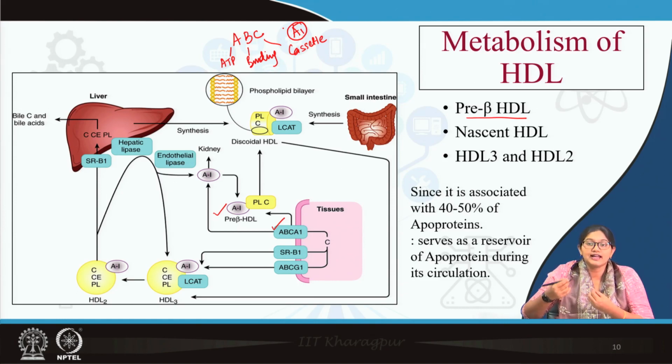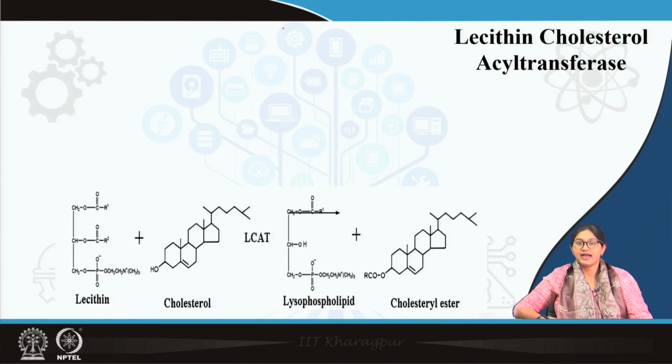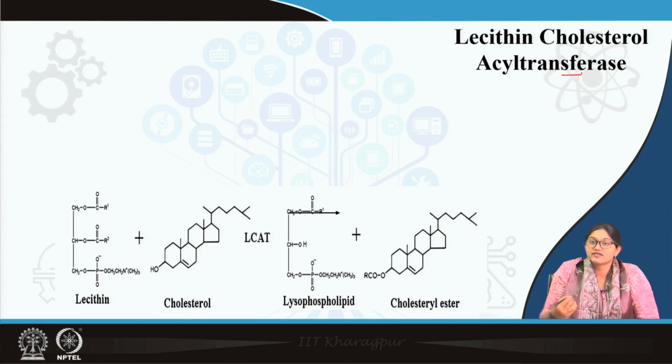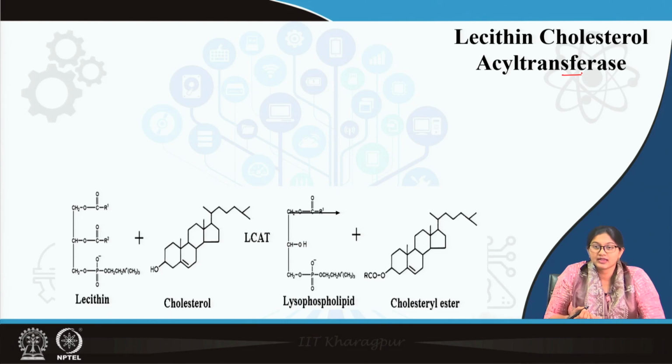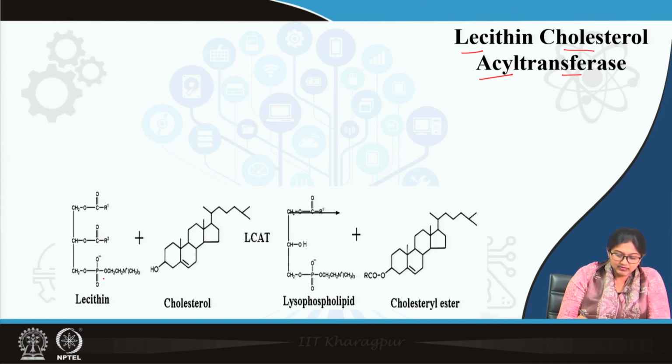Now, what is LCAT? That is the lecithin cholesterol acyltransferase enzyme. As is evident from the name, transferase means it transfers an acyl group from lecithin to cholesterol. You can see this is our LCAT enzyme.